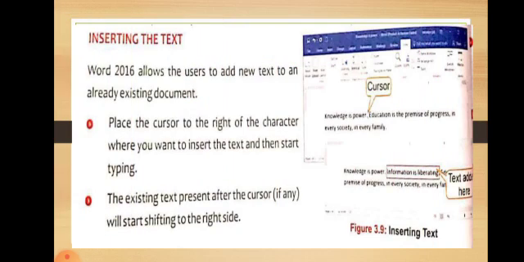Now the next topic is inserting the text. For inserting the text, Microsoft Word 2016 gives you the feature of adding new text to already existing text. You have to place the cursor to the right of the character wherever you want to insert it and then start typing.